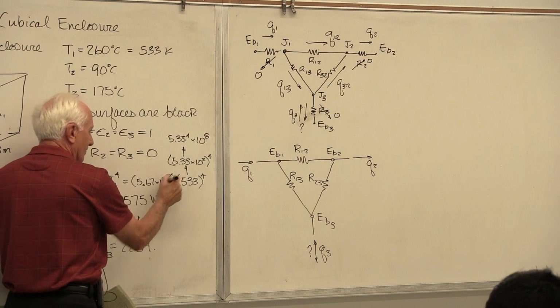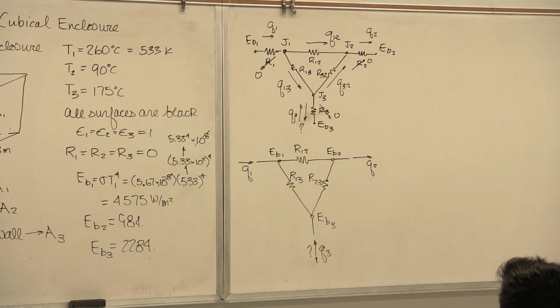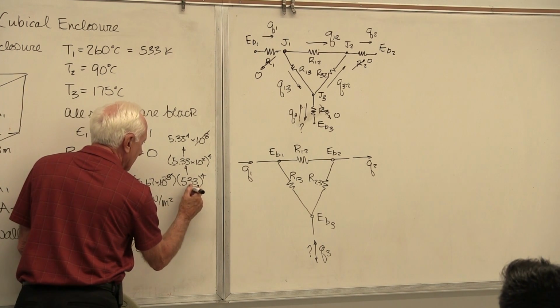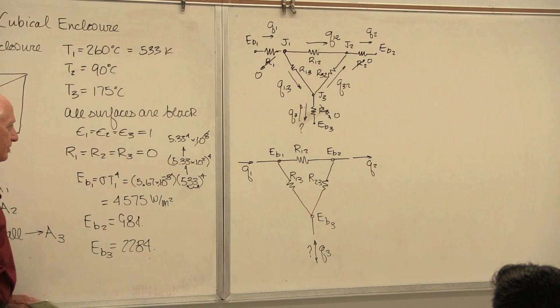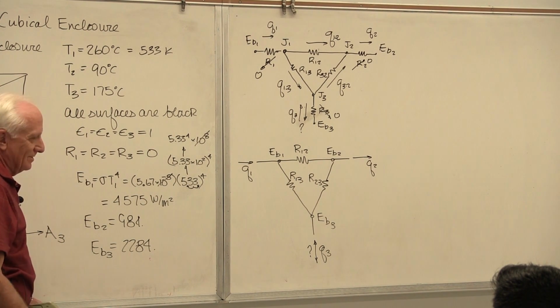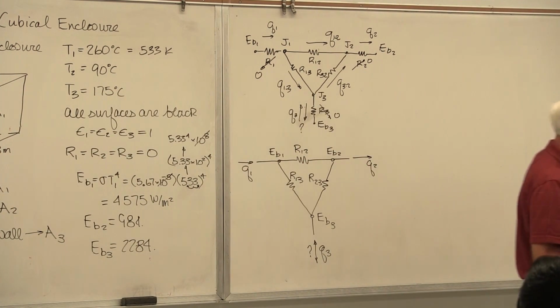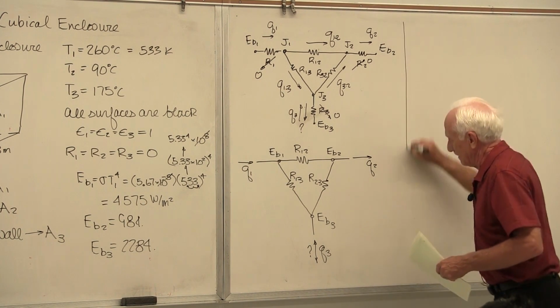And lo and behold, those guys go out, thank goodness. I don't need to key that in. So you can avoid keying in the 10 to the 8th and 10 to the minus 8 stuff. Just move the decimal point on the temperature 2 places to the left, knock out the 10 to the 8th, 10 to the minus 8, and now raise 5.33 to the fourth power. It just saves some calculations in a stressful situation like an exam where you might key the wrong thing in and then all of a sudden your answers go crazy. All right, so there we are.